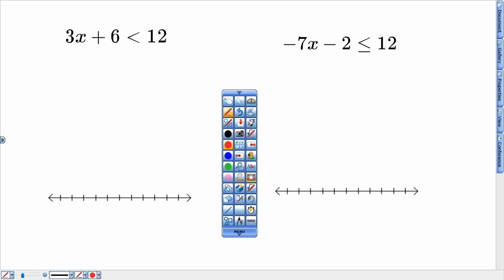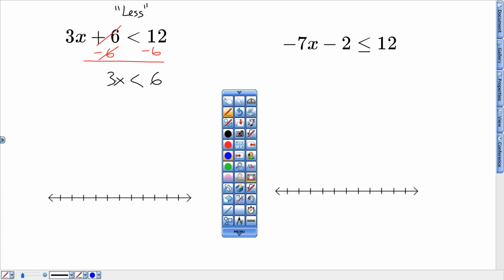So this inequality, 3x plus 6, is less than 12. It looks the most like an L, so I know that's less than, gotta memorize that. So the first step, opposite of adding that 6, subtracting 6 from both sides. Makes these 6's cancel, bring this 3x down, bring that less than down, 6 taken away from 12 gives me 6.